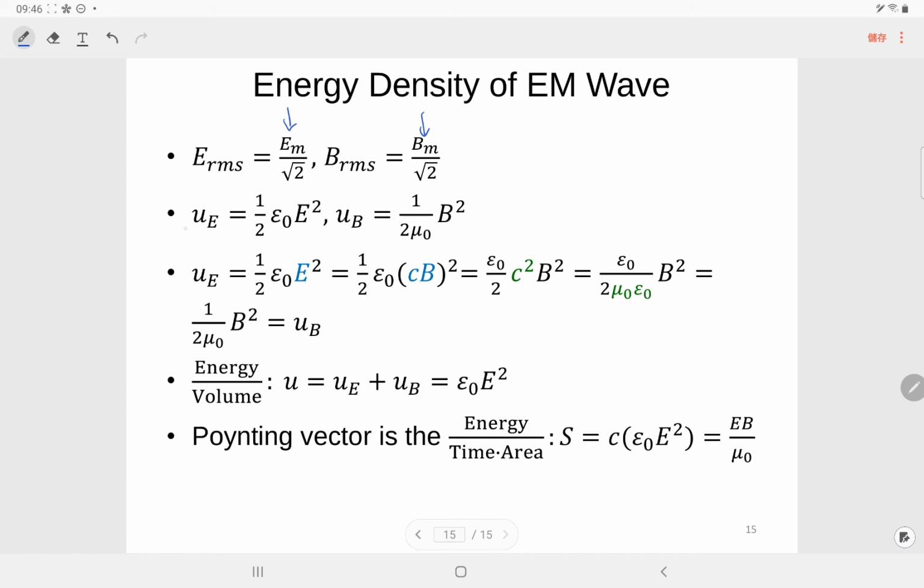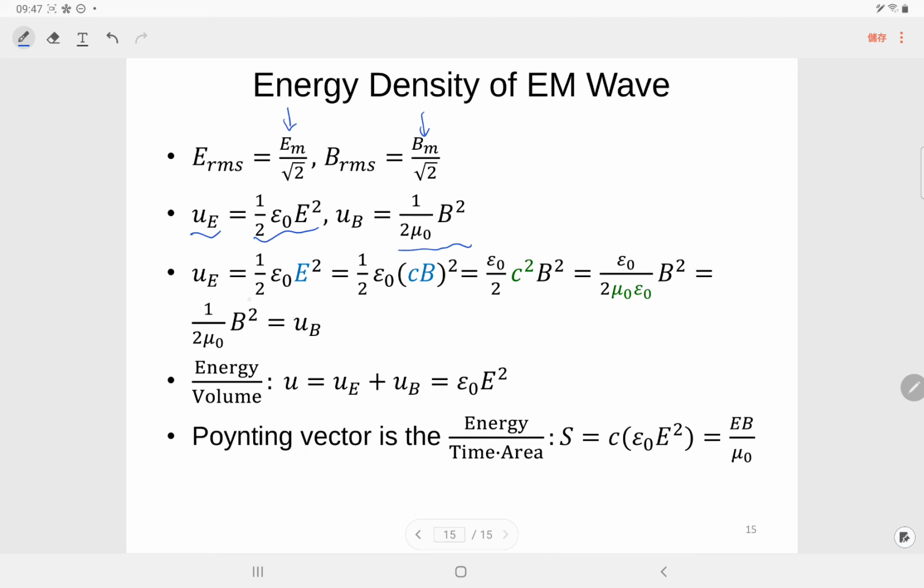And previously we have learned that the energy density should be 1/2 epsilon naught E squared, and for the magnetic field it should be 1/2 mu naught B squared. Because previously I already told you that for the same topology, you usually exchange E by B and then exchange epsilon naught to be 1/mu naught. So they should be something similar.